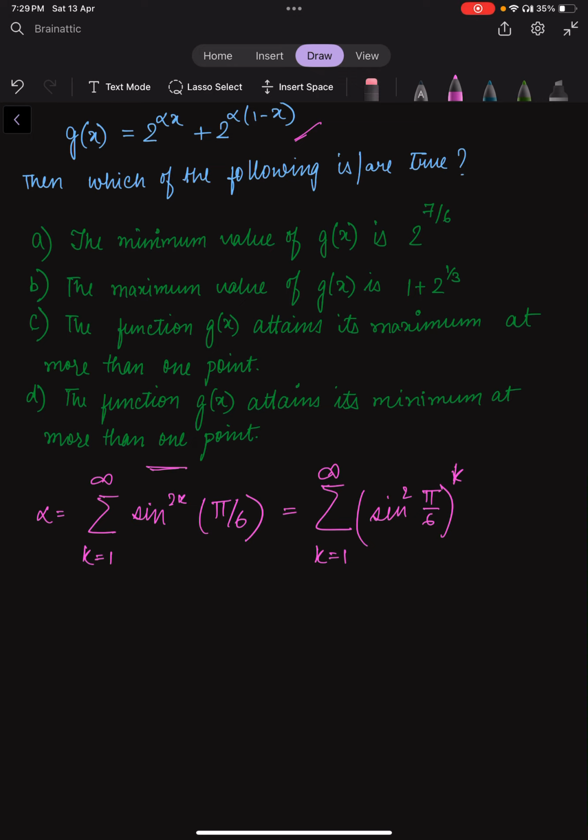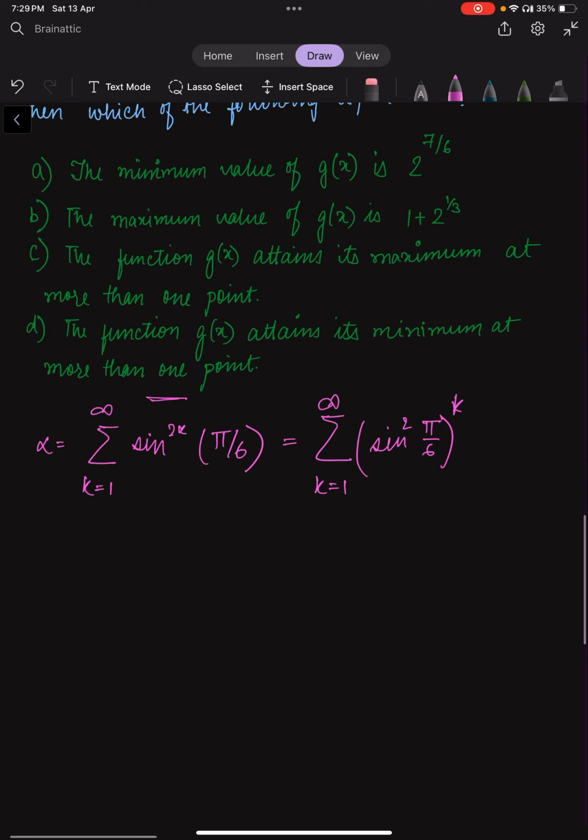This is obviously using the law of indices. If you don't know, just revise, it's very simple. We had 2k over here, we take the k outside and put it in the power. When the bracket dissolves, this k gets multiplied in the power. Now we know that sine square pi by 6 is nothing but 1 by 4. So we have (1 by 4) power k.